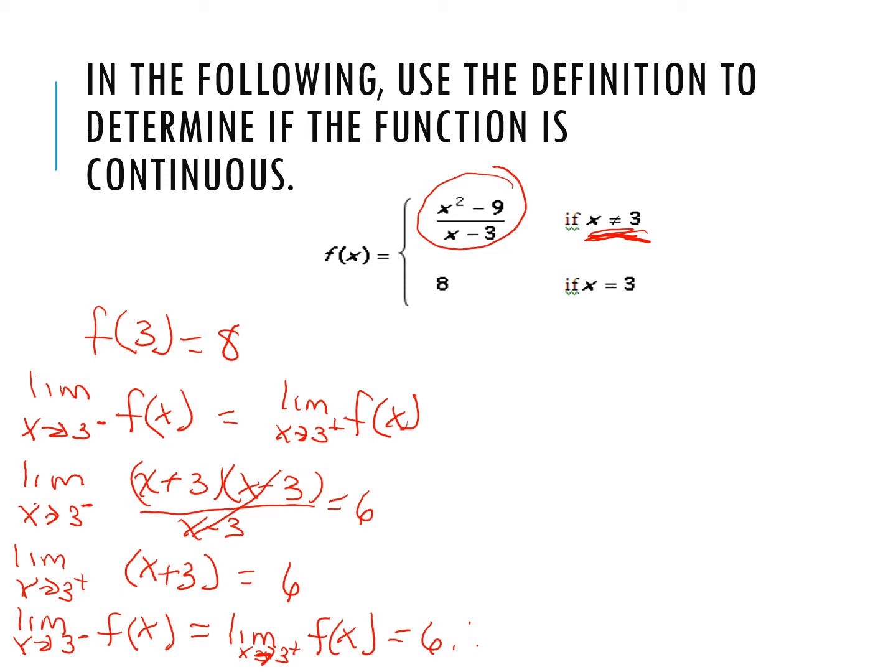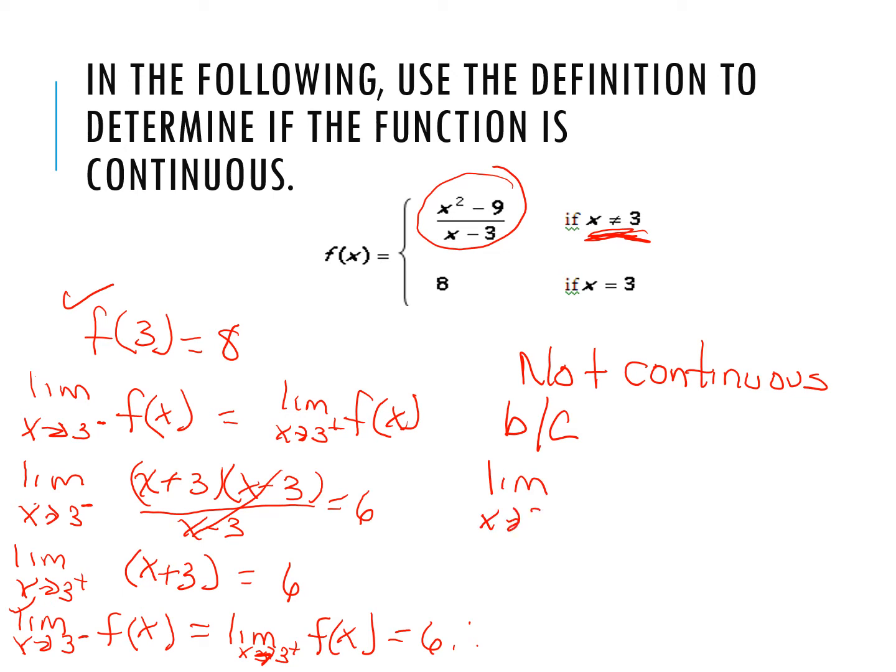Okay? So we've met two of the conditions. The function is defined. The limit exists. So is it continuous? No. Why is it not continuous? So I would say not continuous, because you always have to answer the question that you're asked, because the limit as x approaches 3 of f of x does not equal f of 3.